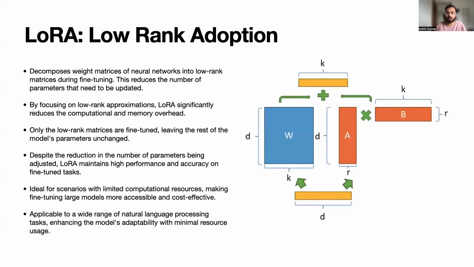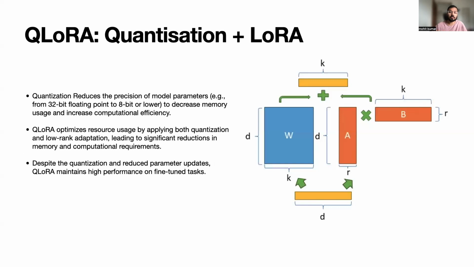However, this has been shown to achieve very good performance, very much comparable to fine-tuning a large language model. So this is a very famous algorithm. On top of it, people have also added quantization. Since model parameters are represented using 32-bit floating point, in quantization it is truncated to 8-bit or lower.